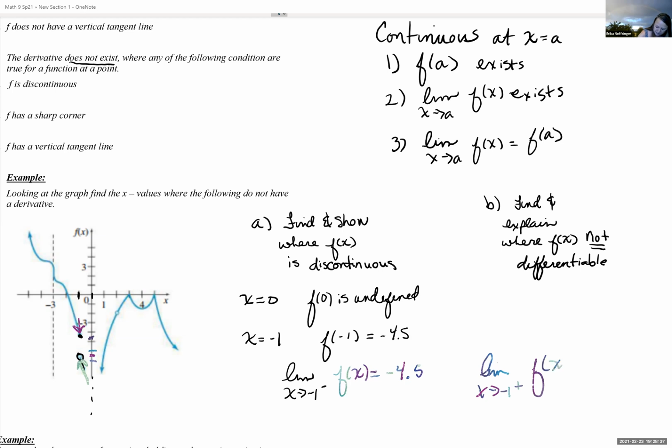I have a funky pen going on and I don't see my pens, so I'll pause the video and change that. I don't know if you can read that, but basically these are not the same. And so the limit does not exist. So that second condition that we had up here didn't hold.